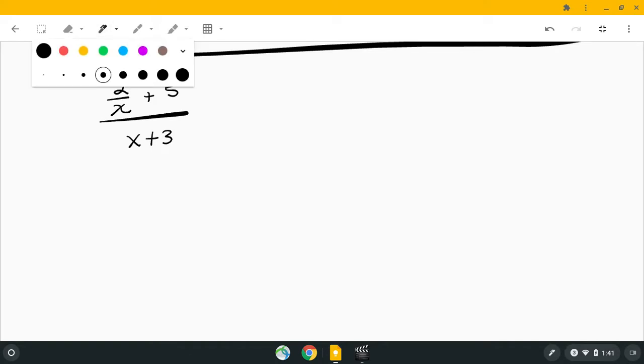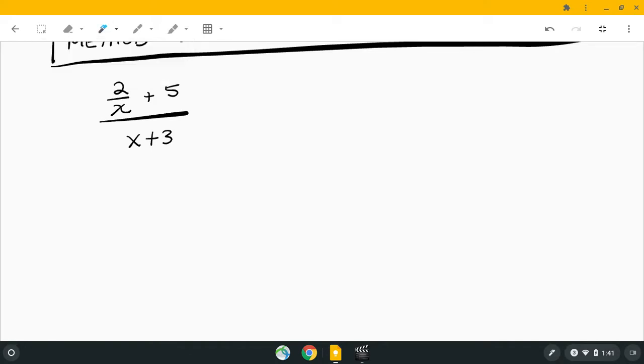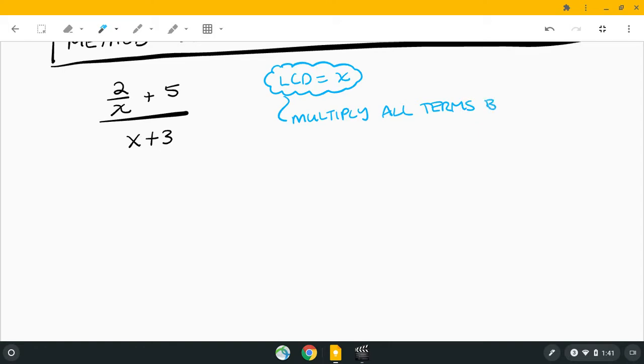My LCD is x, and what I do is multiply all the terms by the LCD.